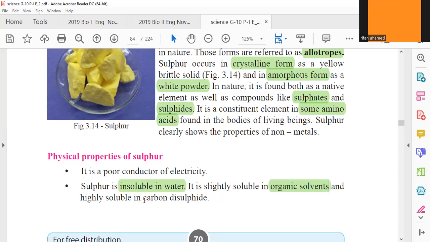In addition, it can dissolve in carbon disulfide liquid, which is an inorganic liquid. So sulfur is slightly soluble in organic solvents and highly soluble in the inorganic solvent carbon disulfide.